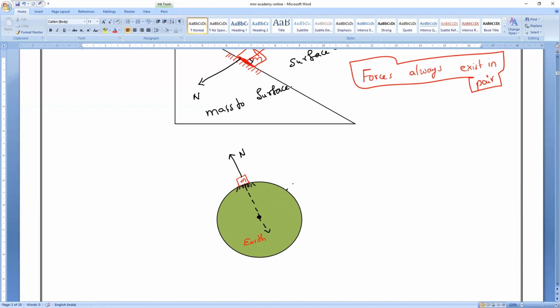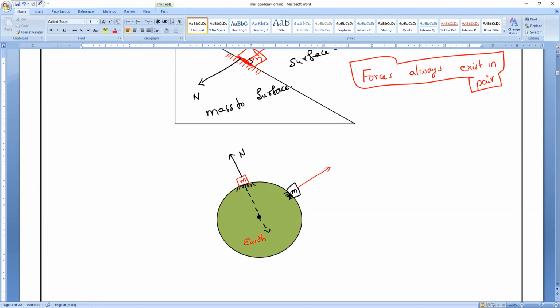Let me consider one more block here. At this surface, the normal reaction exerted by the surface on this mass acts in the perpendicular direction, and this mass exerts the normal reaction on the surface along that line. Perpendicular means it must be 90 degrees.